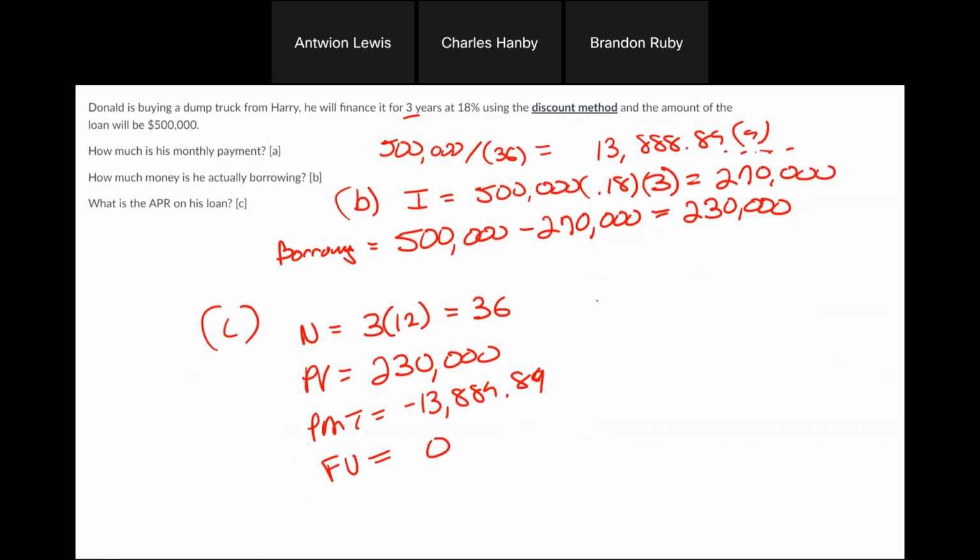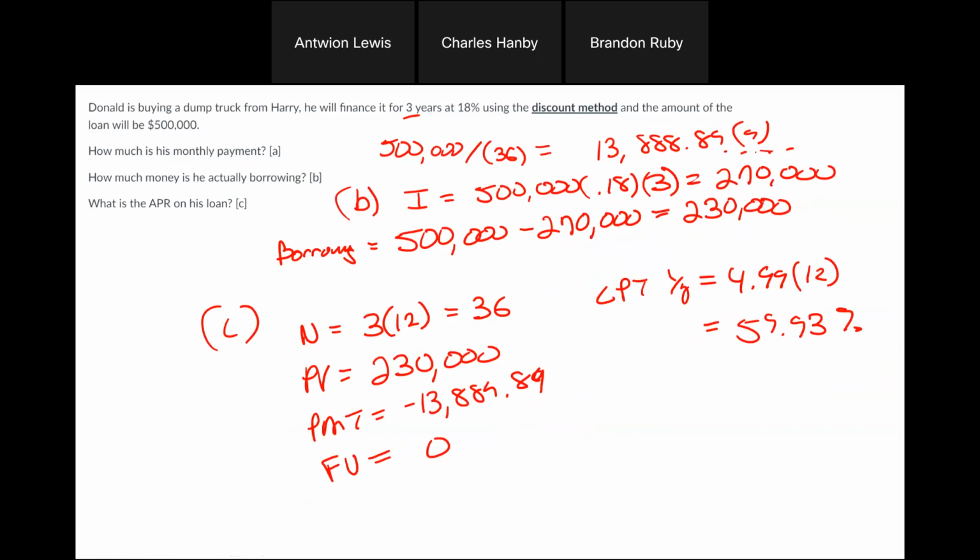Future value is 0. Compute IY, and that's 4.99%. Remember, that's a monthly rate. So we multiply by 12 and we get 59.93%. So you can get an idea of how sleazy these types of lending are.